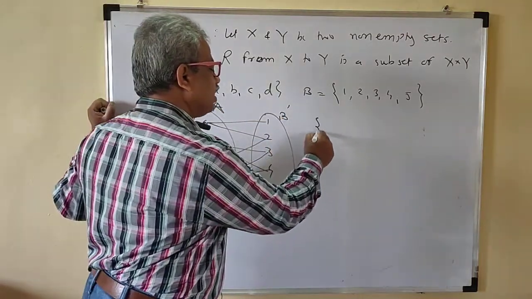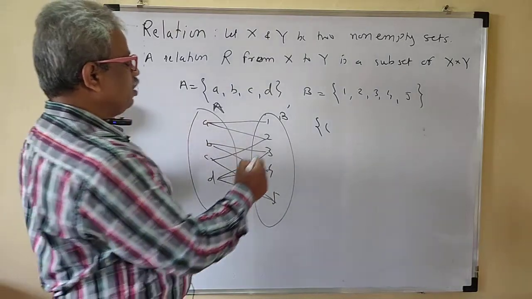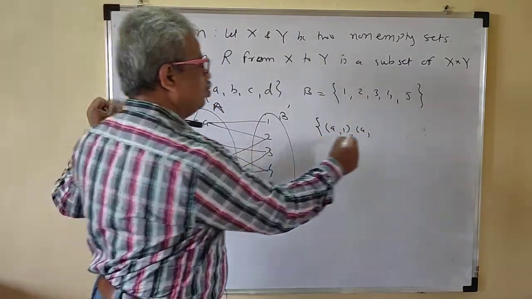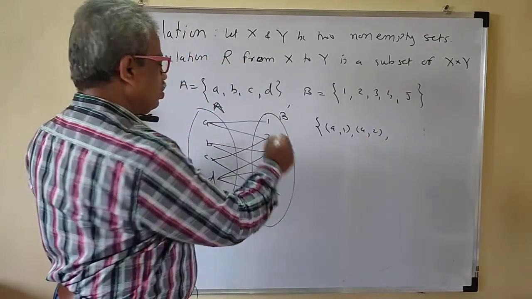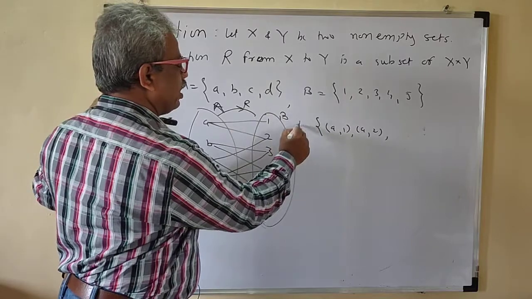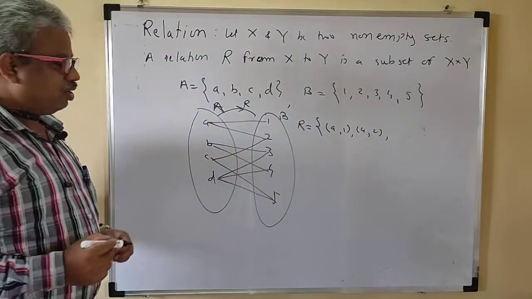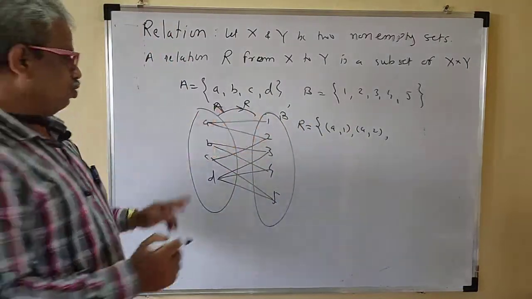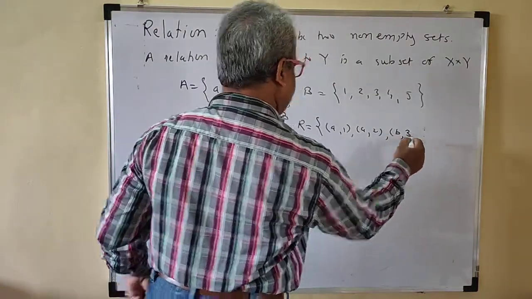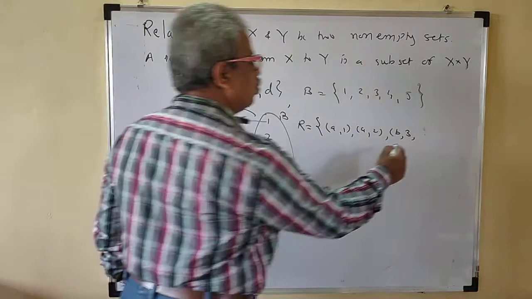So now a is related to 1, and a is related to 2. Suppose this is R. Then I can write R as: a is related to 1 and 2. Now what about b? b is related to 3 and b is related to 4.